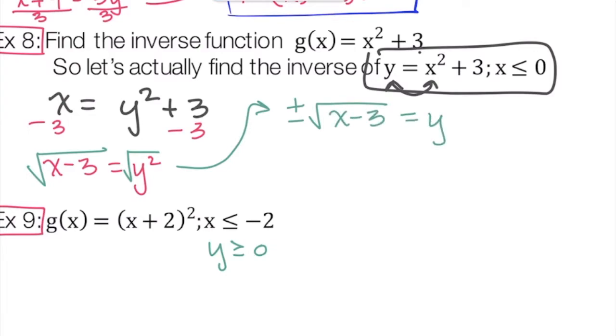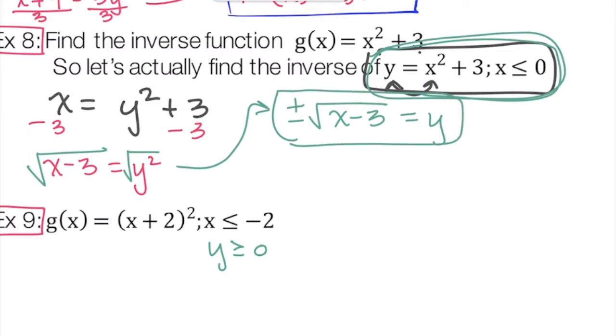And here's the deal. Because this domain has been restricted, we're going to end up eliminating either the positive or the negative root right there. So this is what we're going to come back to, trying to help you understand how to determine whether the final inverted function is going to be the positive root of x minus 3 or the negative root of x minus 3. So hang tight, we're going to come back to that, but let's go ahead and write this again in formal notation.